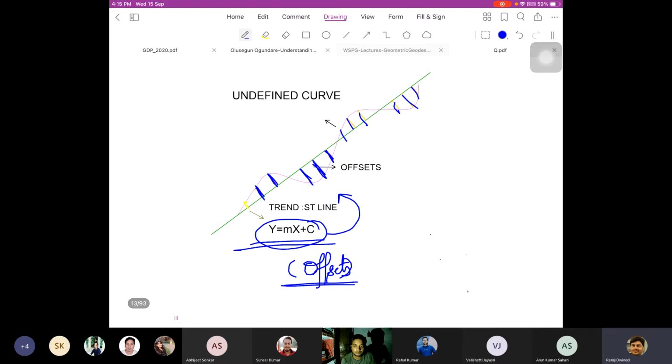We are more importantly interested in how the offsets are there, because these offsets will represent the topography. That means at some place you could see the 3D view, at some place you will see nothing. You would understand how this topography has emerged out of that surface. What is the real cause of it? That we need to understand.